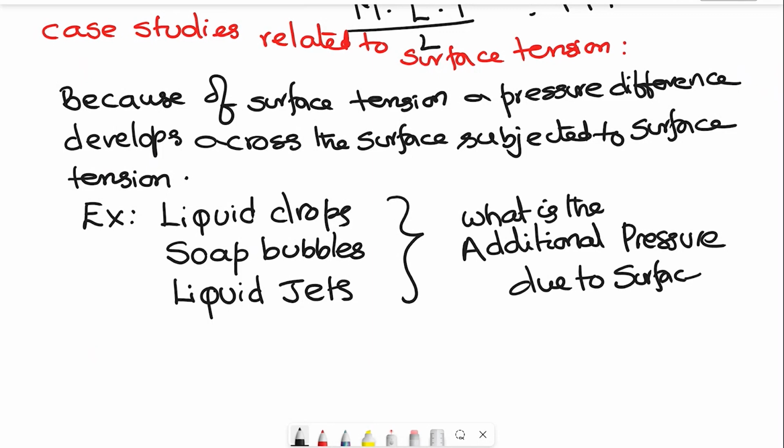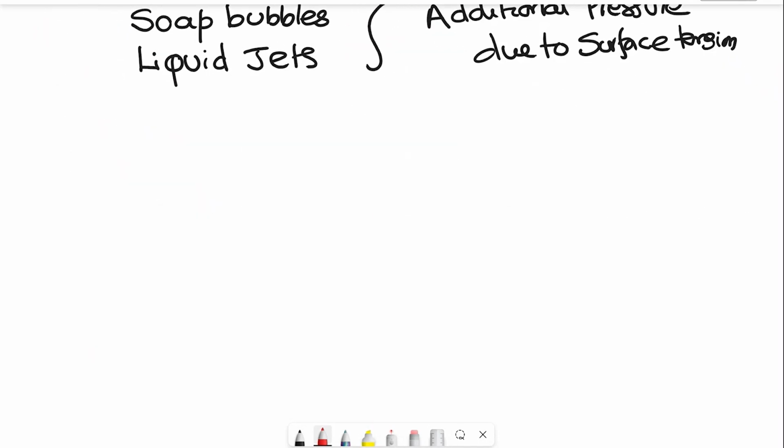So that we work on these three cases, because most of the problems in surface tension are either theory part that people will ask, or problems part. So I will take one by one quickly here.